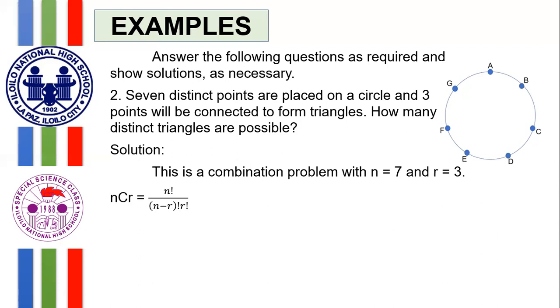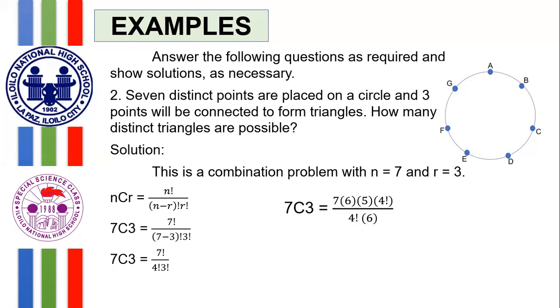So with such, you have 7C3, which is equal to 7 factorial all over the 7 minus 3 quantity factorial 3 factorial. So the 7 minus 3 factorial simplifies to 4 factorial. So we have this expression here, the 7 factorial all over 4 factorial 3 factorial. And the 7 factorial could be expressed as 7 times 6 times 5 times 4 factorial.